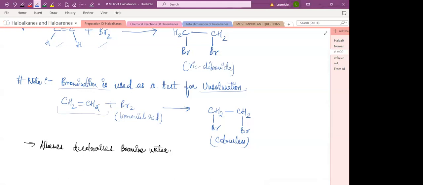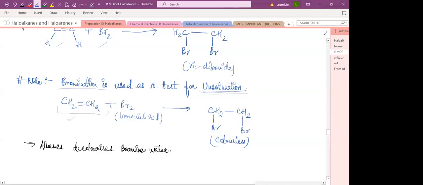You know very well what is saturated and what is unsaturated. Saturated is alkane, singly bonded carbon, and unsaturated has a double bond or triple bond. So that is your unsaturated hydrocarbon. So bromination is basically used to test the unsaturation.